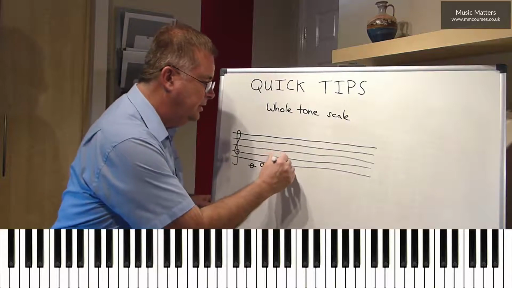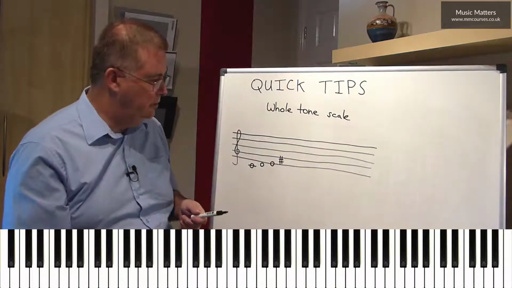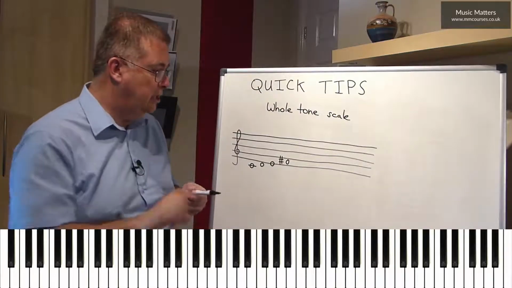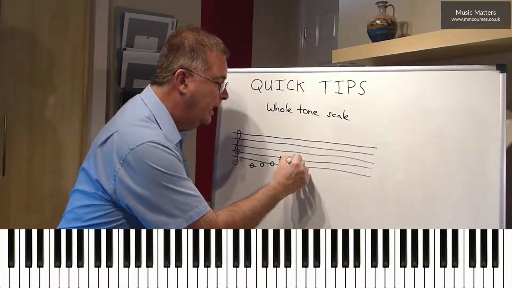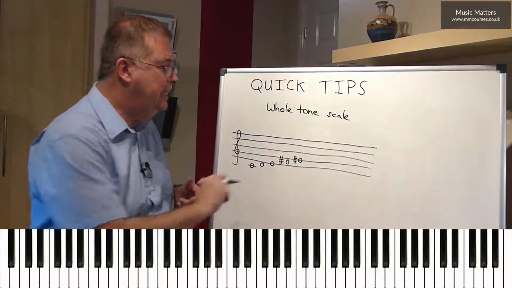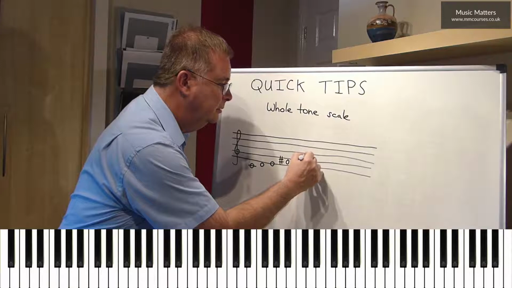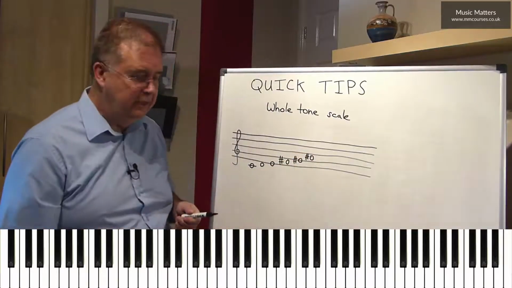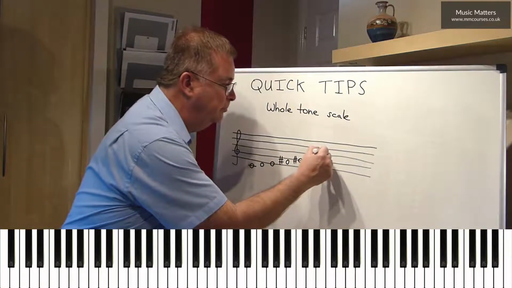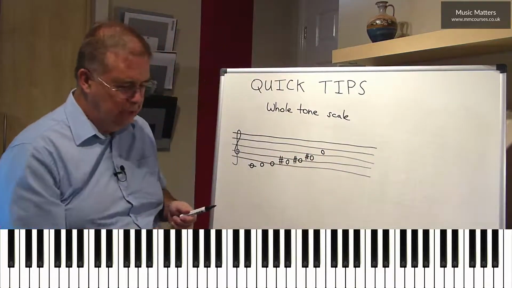So that's my next note in the scale. So therefore a tone above F sharp is going to be G sharp. And then a tone above G sharp is going to be A sharp. And a tone above A sharp is going to be, well, it could be C or it could be B sharp if you wanted it to be. But there's a whole tone scale.